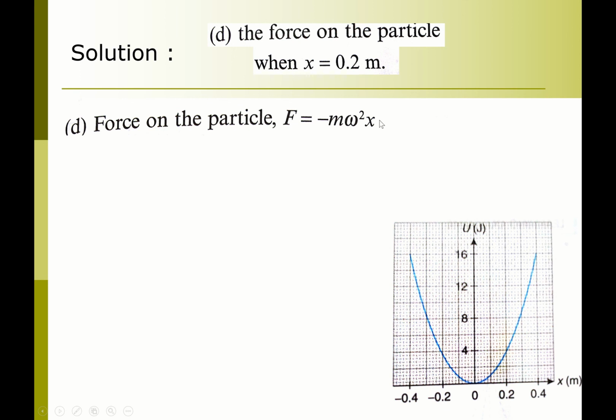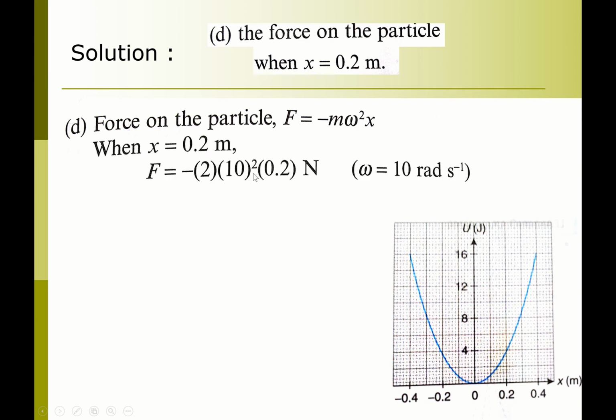We use the relationship between F and U, and we get this expression for force. Substitute the mass of the particle 2 kilogram, angular frequency 10 squared, and the x displacement 0.2. Therefore the force on the particle is 40 Newton.